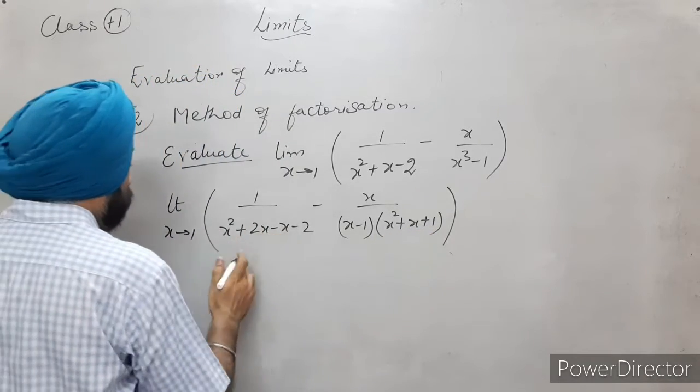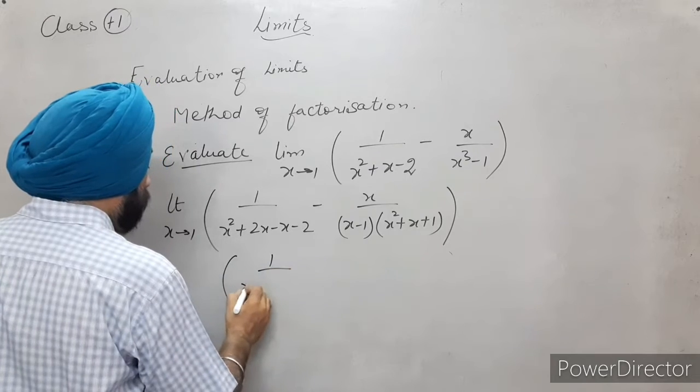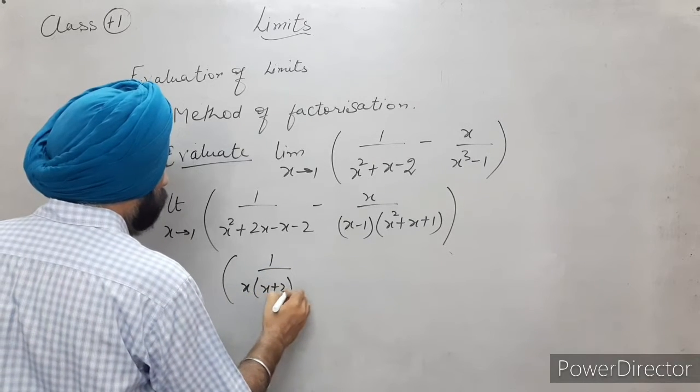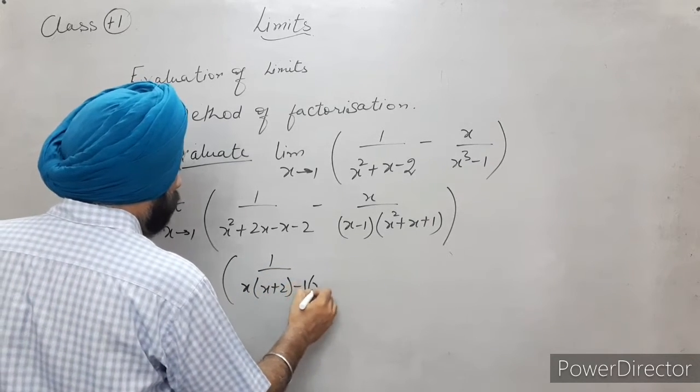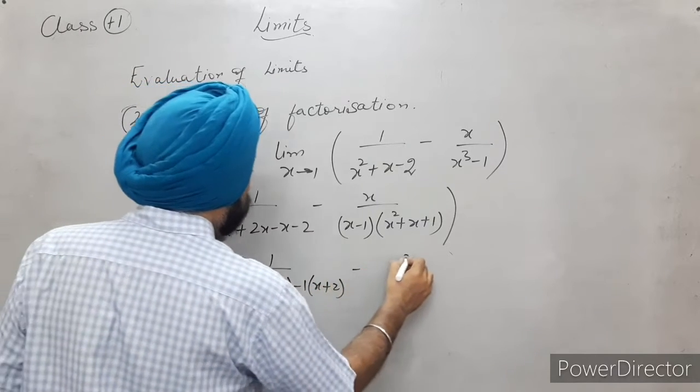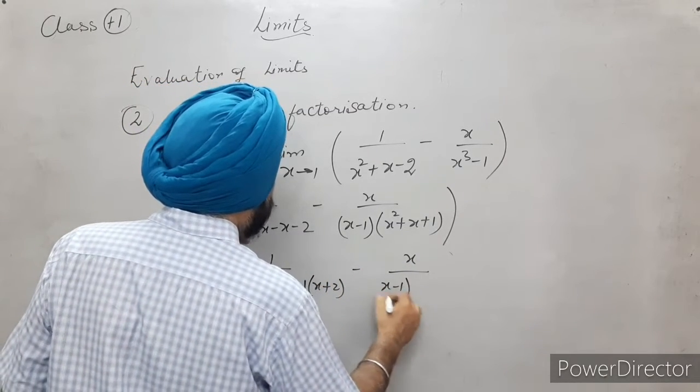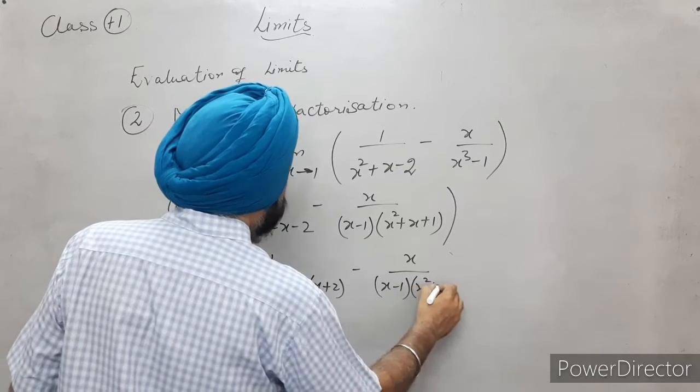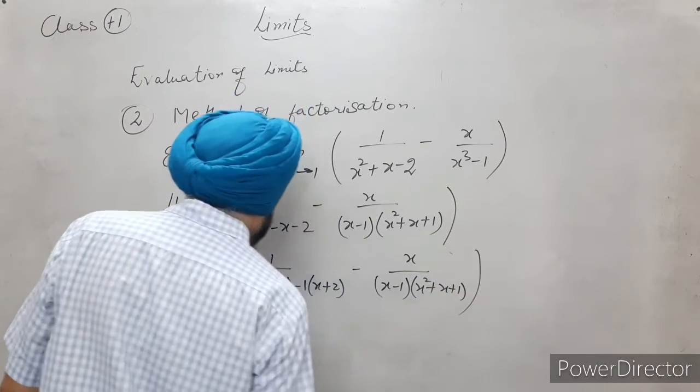Now make factors of this also. I get 1 upon (x minus 1)(x plus 2) minus x upon (x minus 1)(x square plus x plus 1).